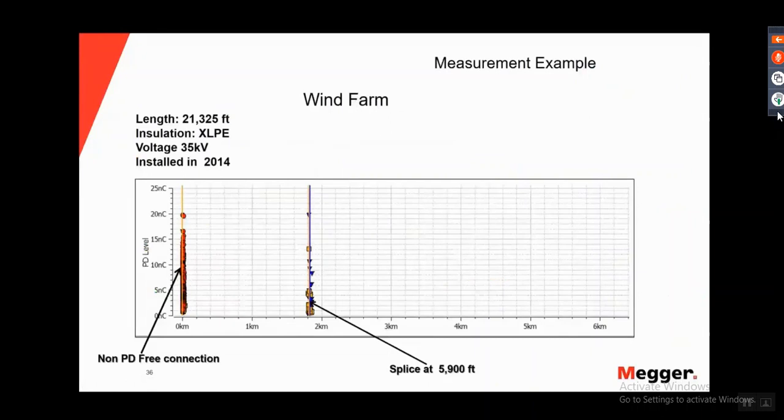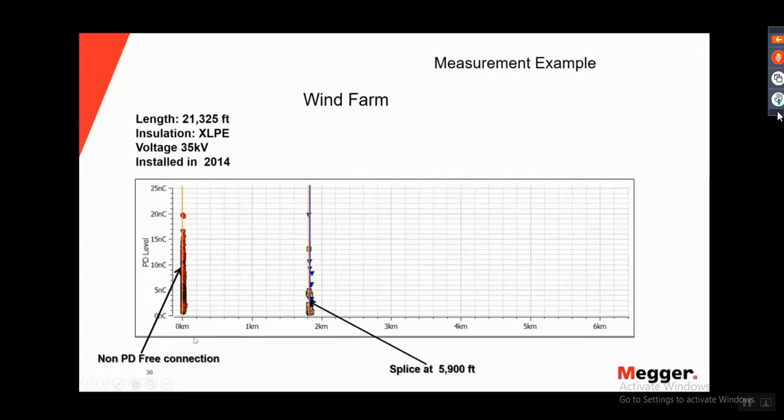Here we're seeing an example of a PD measurement. It was made on a cable with a length of almost 21,000 feet. The insulation was XLPE and the voltage was 35 kV. You can see in the horizontal axis the length of the cable is 6.5 kilometers, which means around 21,000 feet, and in the vertical axis the level of the partial discharge detected.